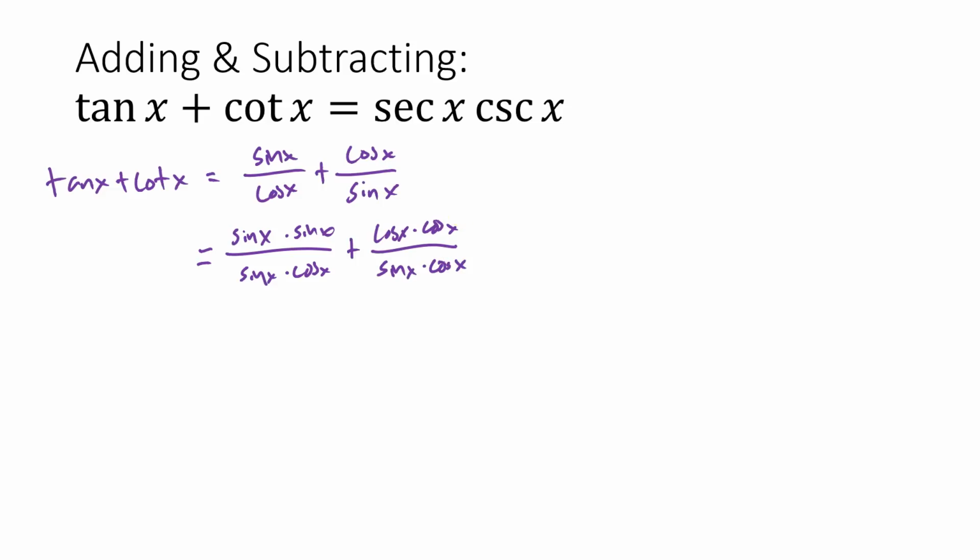So we have our sine times sine, our cosine times cosine. On the bottom now we have that common denominator. So I'm going to rewrite this as sine squared x plus cosine squared x divided by sine x cosine x.